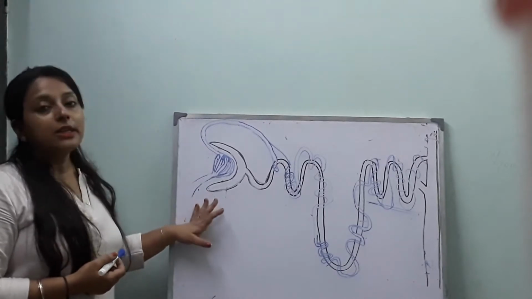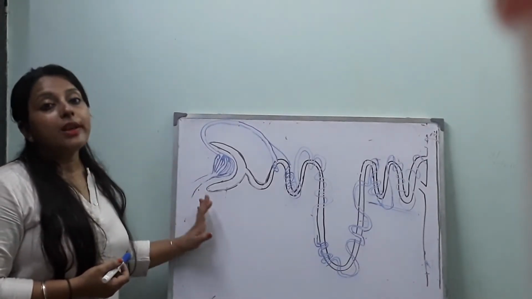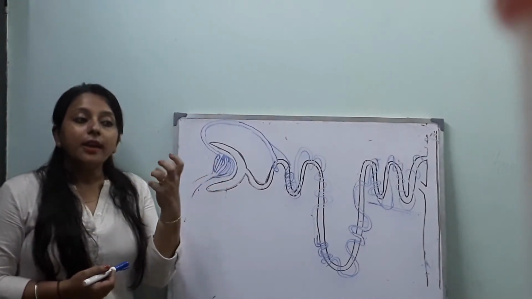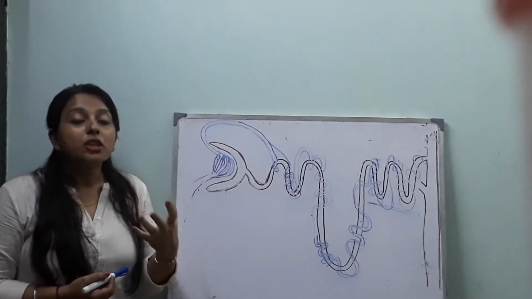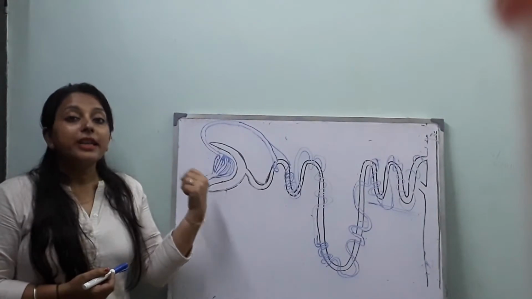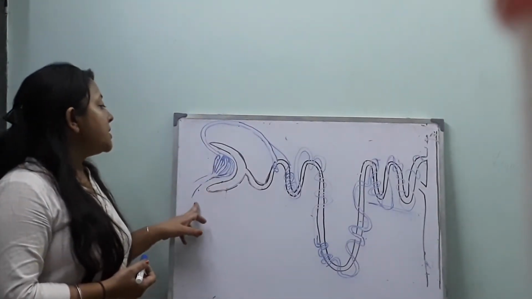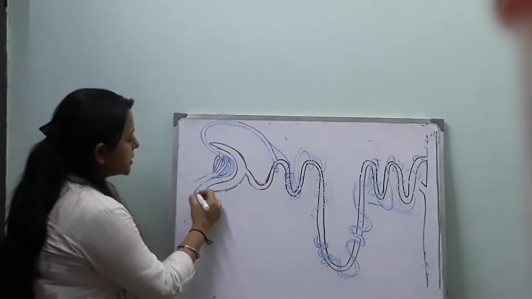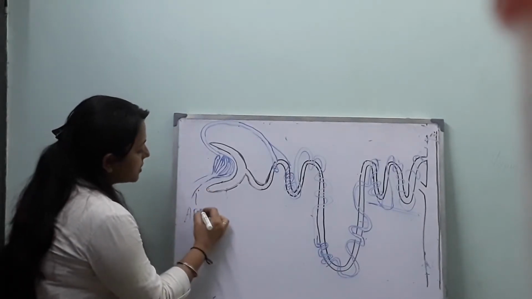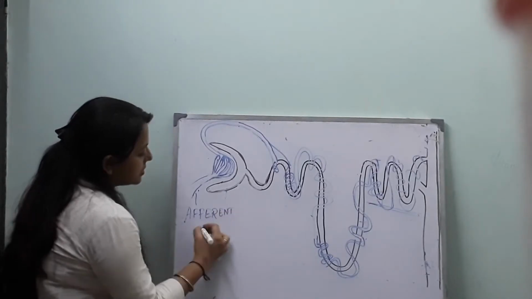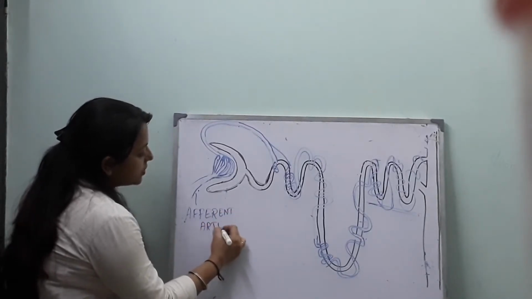We have learned that there are two renal arteries. Any artery or vein, when it is associated with the kidney, is named renal. Renal means kidney. Now this artery is called the afferent arteriole.